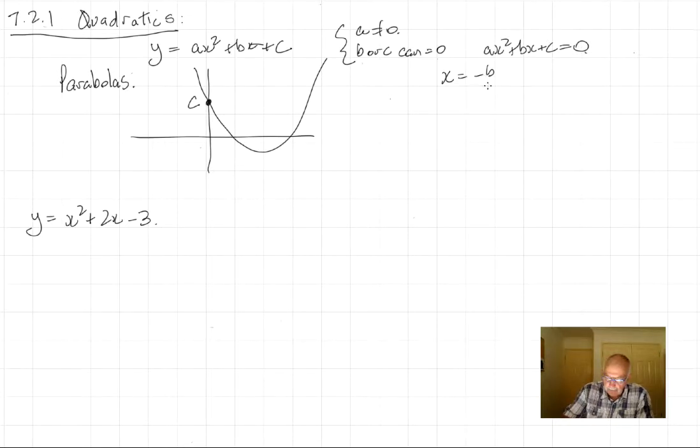And we know from our quadratic formula, x equals minus b plus or minus square root b squared minus 4ac all over 2a. Now that's the two possible values that will be the zeros, or when the whole function's equal to 0.